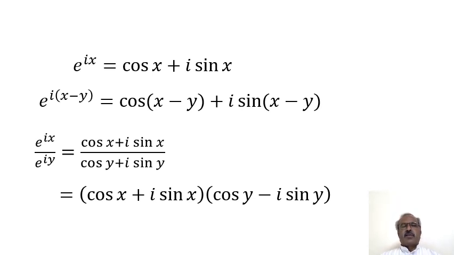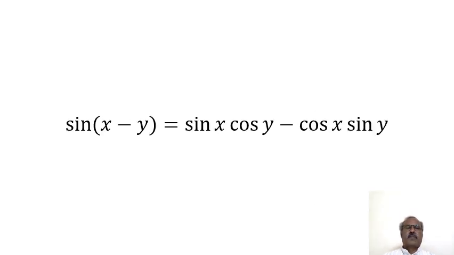So equating this, because i times sin x cos y and minus i times cos x sin y is the thing that we are going to get, sine of x minus y equals sin x cos y minus cos x sin y. This is the formula we got through our analysis.